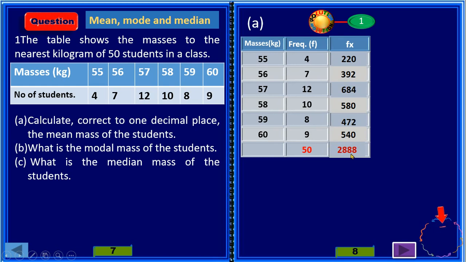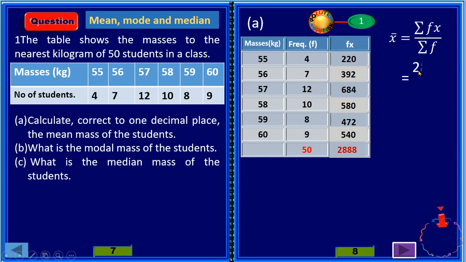Then with this particular cell and this cell, we will be able to calculate the mean mass of the students. Let's do that now. The mean mass is given by the sum of the product of the frequency times x, added together, divided by the summation of the frequency.